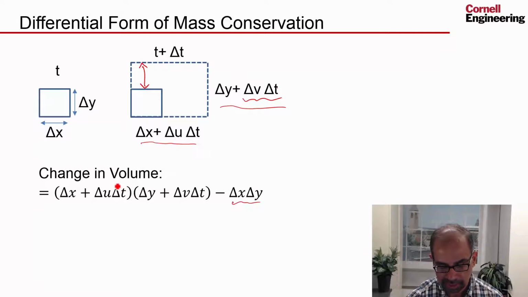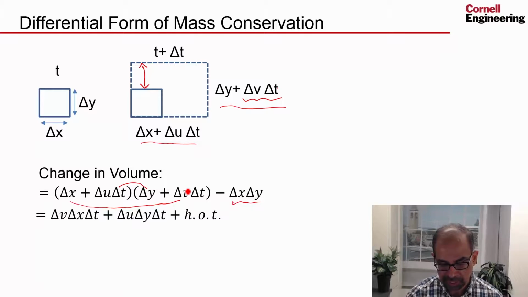I'll multiply that by that, and I'll multiply that by that. And then I also need to multiply this term by this term, but that's going to give me a term that's delta t squared, and that's going to drop out in the limit as delta t tends to 0. So that's a higher order term, which I can neglect, and I'm left with these two terms over here.